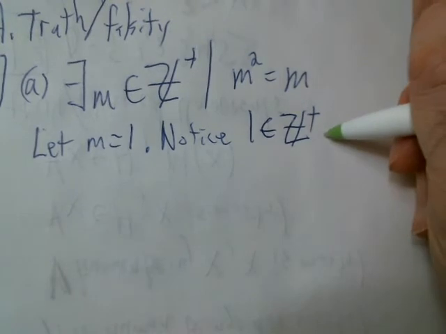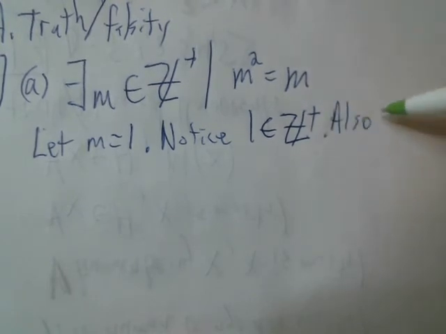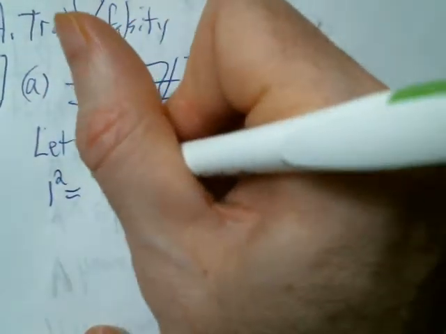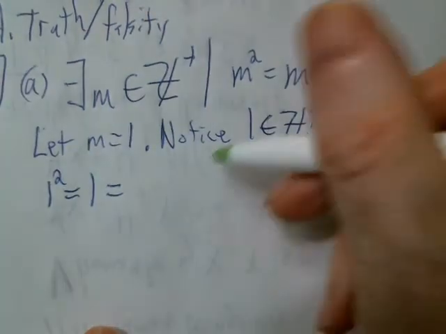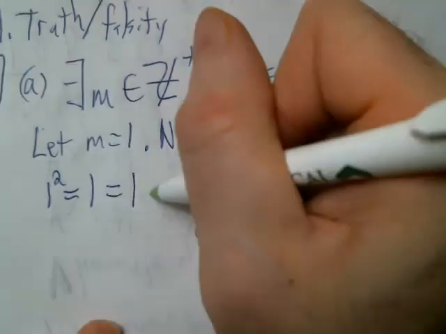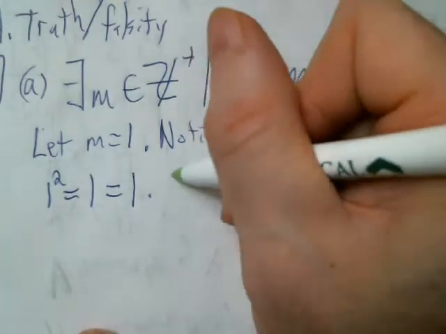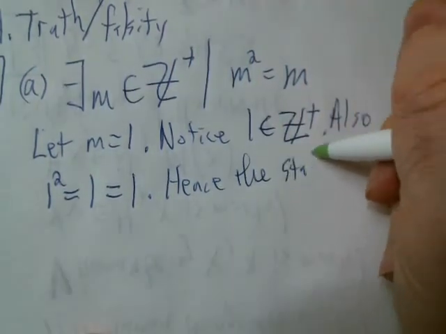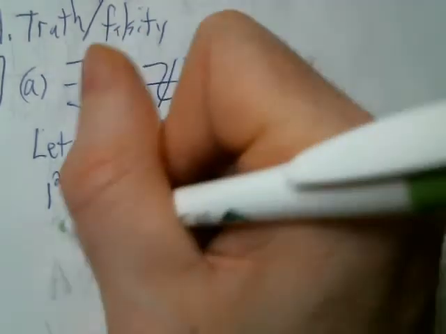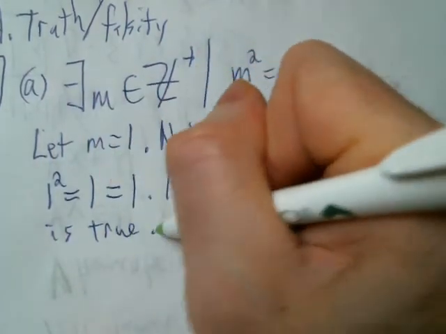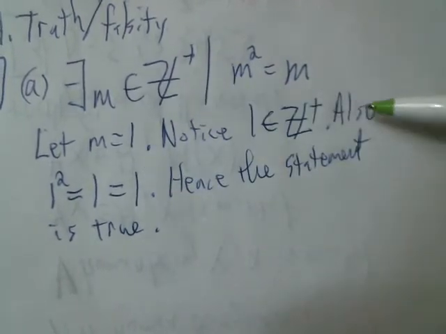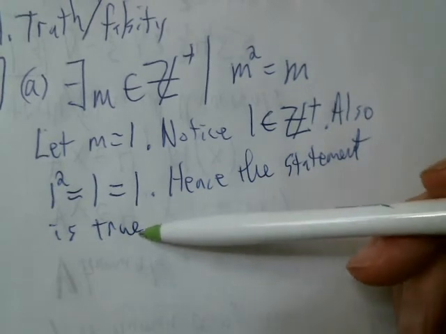Notice also that it fulfills the predicate here. 1 squared is equal to 1, which is equal to m, which is 1. So hence the statement works. Hence the statement is true. But notice there are two things you have to make sure of. You have to make sure this is actually in the positive integers, and make sure that this statement is fulfilled.